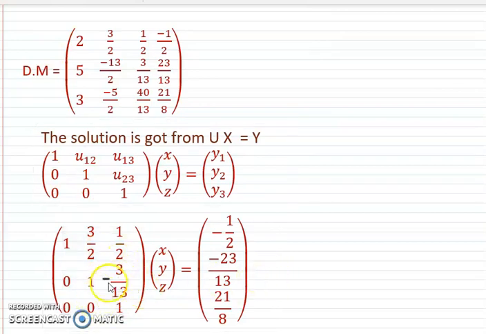Sorry, correct. 3 by 2, 1 by 2 and then minus 1 by 2, minus 1 by 2 for Y.